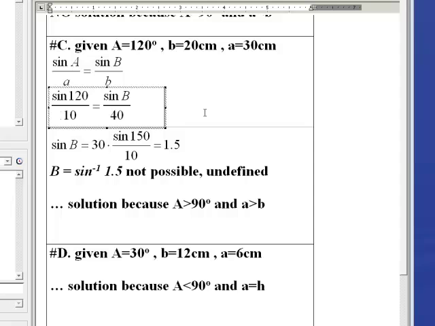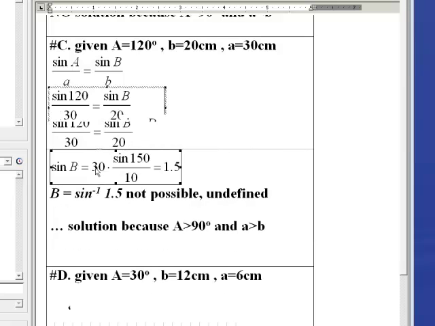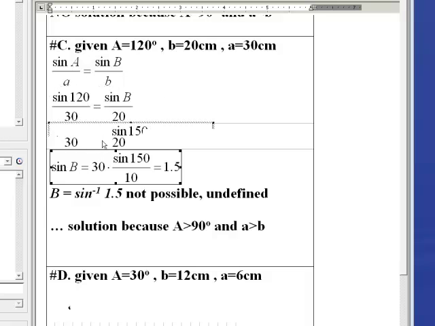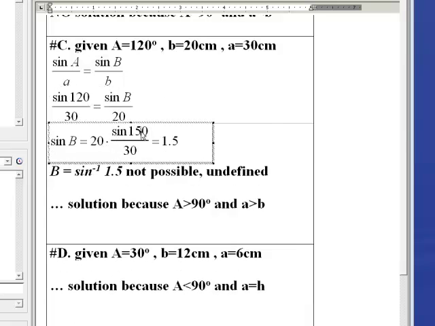So doing the algebra, we're going to have 20 over 30. Sine of 120 comes out to the square root of 3 over 2 times 2/3.